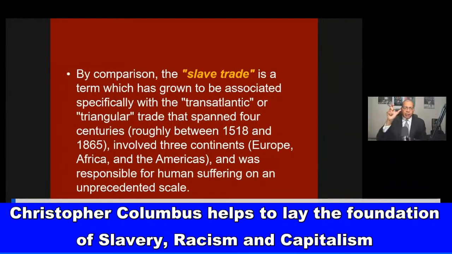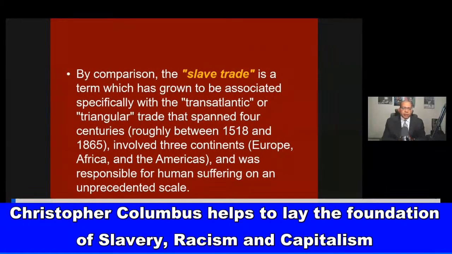By comparison, the slave trade is a term which has grown to be associated specifically with the transatlantic trade or the triangular trade that spanned centuries, roughly 50 years. It goes back to 1441, but some people put it at 1518 because that deals with the Asiento de Negros of August 1518, signed by King Charles V of Spain, which drastically expands the transatlantic slave trade and increases the need for enslaved African labor.